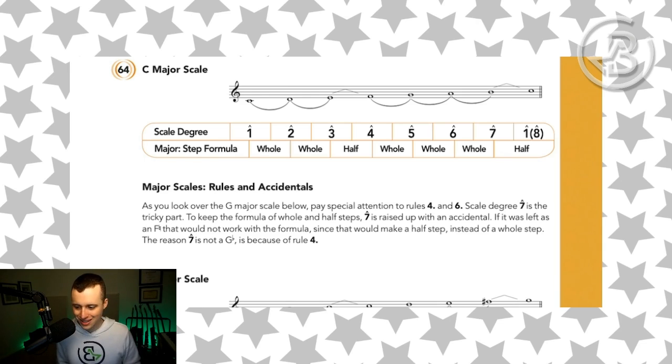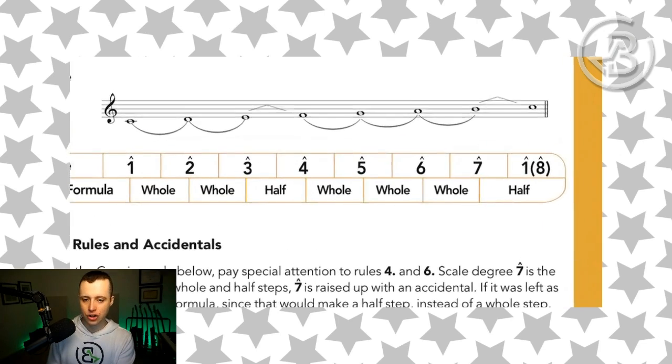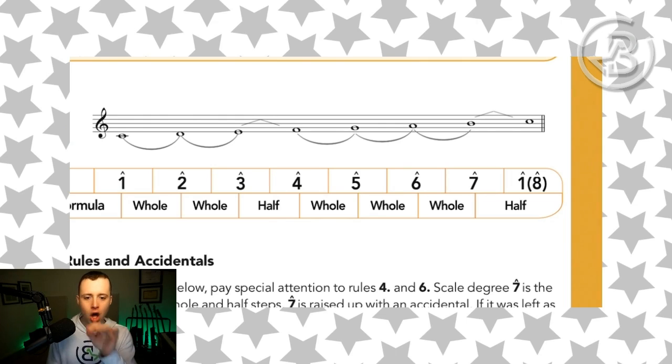And sure enough, we can see here with our swoop unders showing us our whole steps and our little upside down V's, our hats, showing us our half steps, that we have whole, whole, half, whole, whole, whole, half.